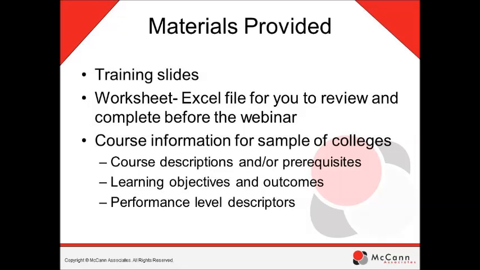Before starting, please make sure you have the following materials: training slides, a worksheet in Excel file for you to review and complete before the webinar, course information for the sample of colleges, course descriptions and/or prerequisites, learning objectives and outcomes, and performance level descriptors.